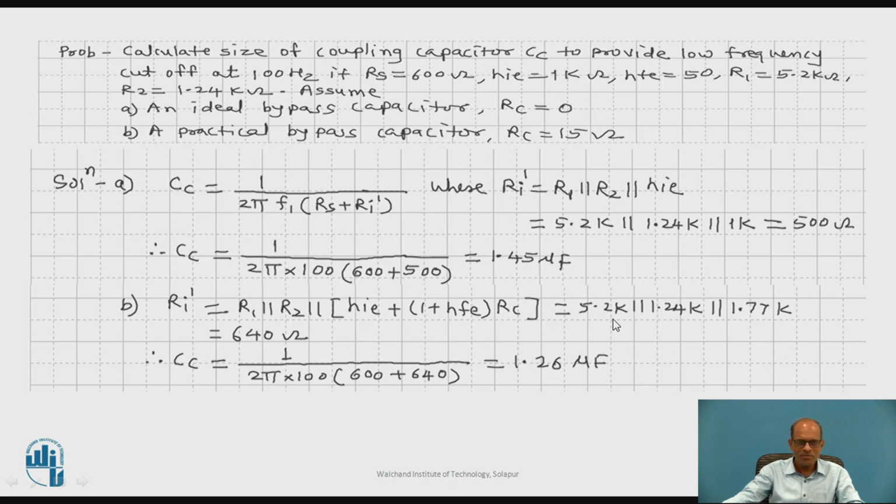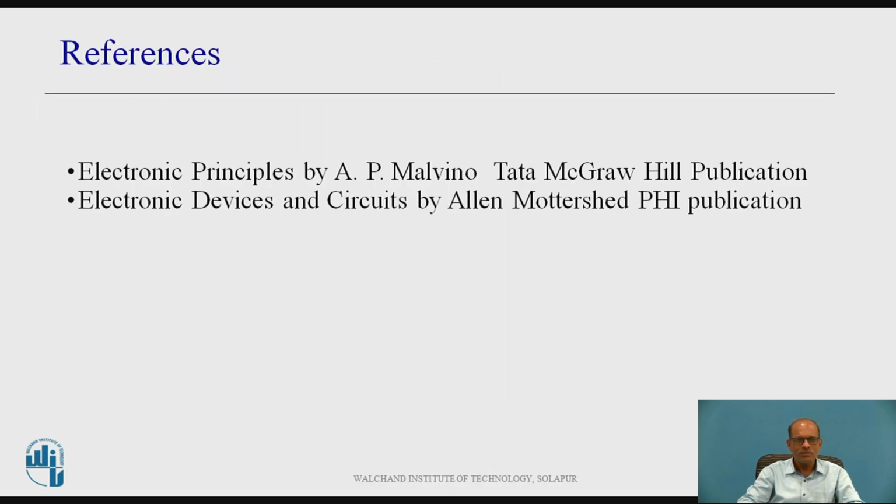So we get 5.2K parallel 1.24K, that is R1 parallel R2, and the solution to this bracket after substituting the values comes to be 1.27. So Ri dash is 640 ohm, and therefore coupling capacitor CC is 1 upon 2 pi F1 into 600 plus 640, so that comes to be 1.26 microfarad.